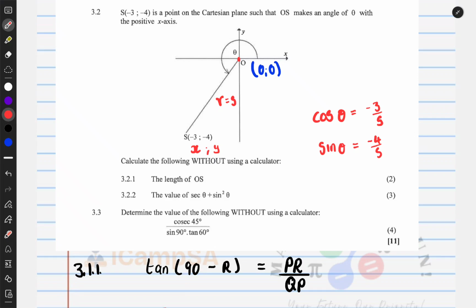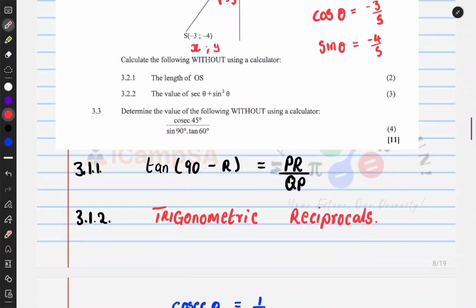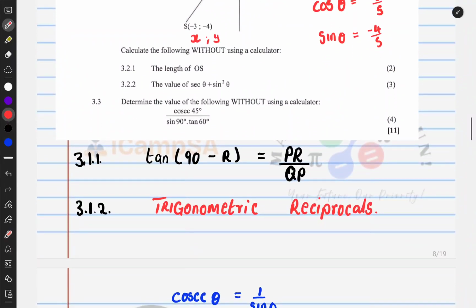We are dealing with special angles. So I hope you do remember the special angles. So for cosec, we can change the cosec 45 to 1 over sine 45, and then we just determine it without using the calculator.